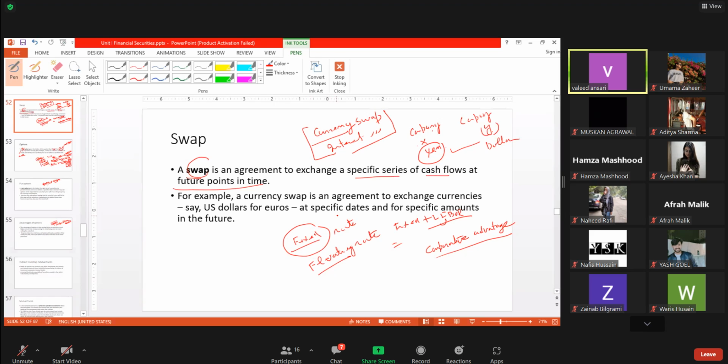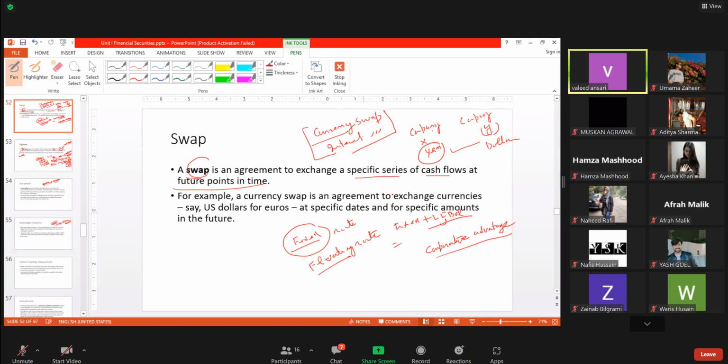Another reason may be that they can know for sure how much they are going to pay, because if a floating rate is there, then the financial obligation may not be pre-specified, because that may vary. So these two common swap arrangements are prevalent: the currency swap and the interest rate swap.